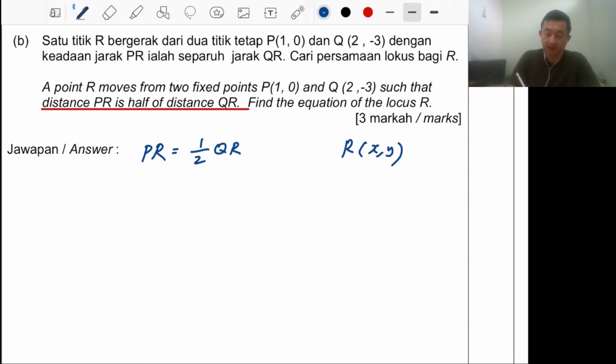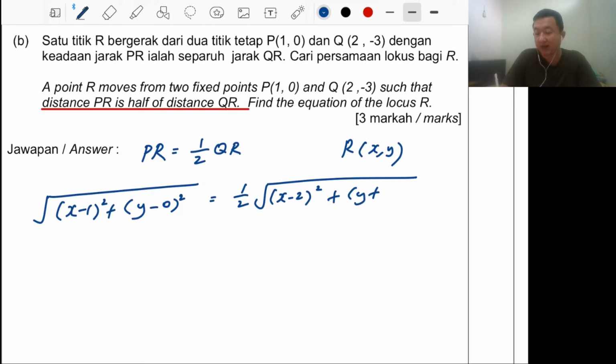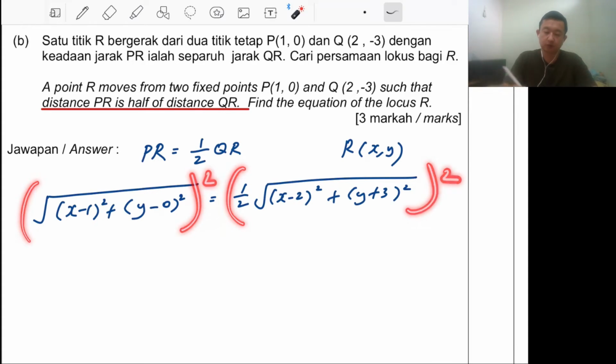Distance formula for PR, x minus 1, y minus 0. So square root of (x minus 1) squared plus (y minus 0) squared equals 1 over 2 times QR, square root of (x minus 2) squared plus (y plus 3) squared. Okay, square both sides.